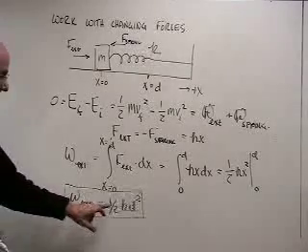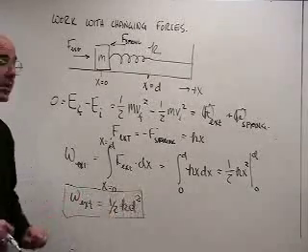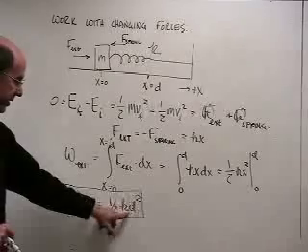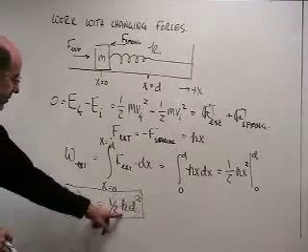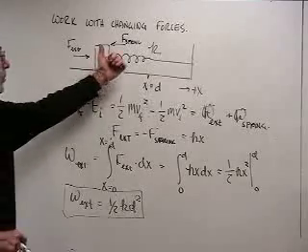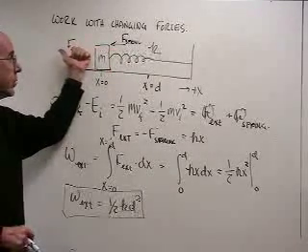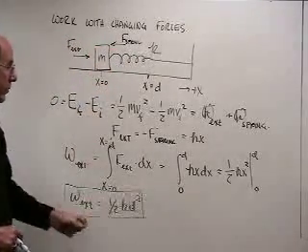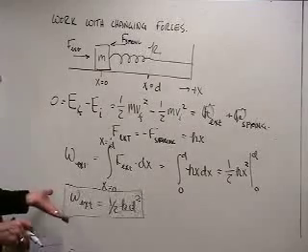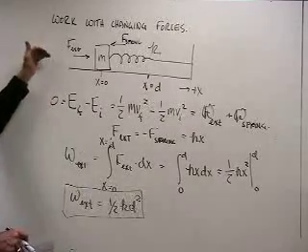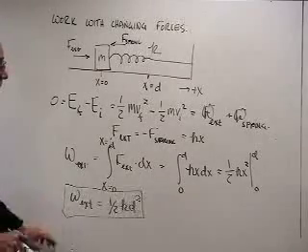The work done by the spring is equal to minus 1/2 kd squared. Remember, k is always positive and d squared is positive, so this is intrinsically positive, and the work done by the spring is opposing the motion, so I have negative work for the spring. Okay? So that's the simplest example I know of calculating the work done with a changing force.